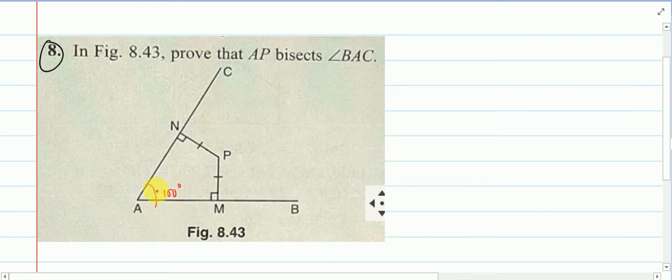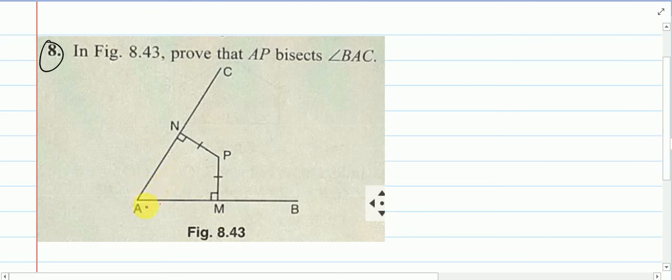So they want you to prove that if you join this A and P, then this angle should become 50 and this also 50. So they want you to prove that this line AP bisects the whole of this angle.